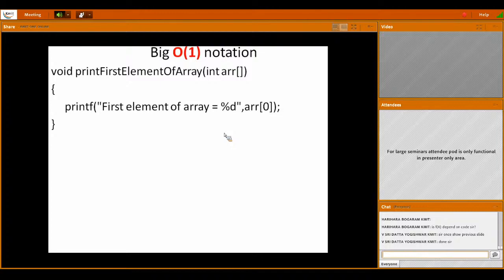Is this an example of O(1)? If yes, why? Shreya Ambati, Shreyashri, are you there? Sneha Srirampur.